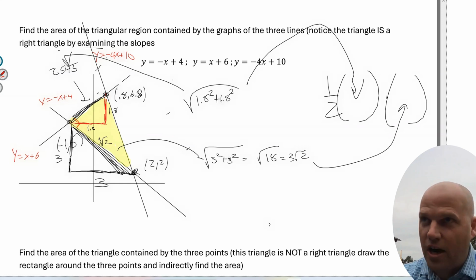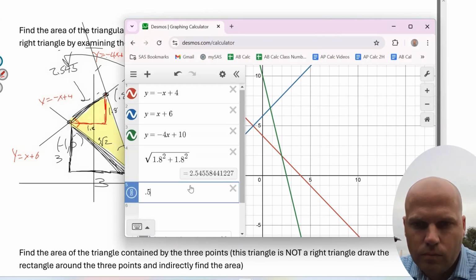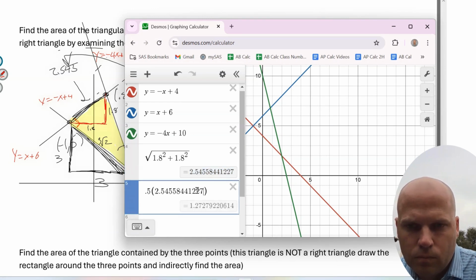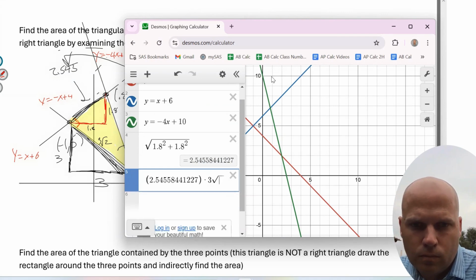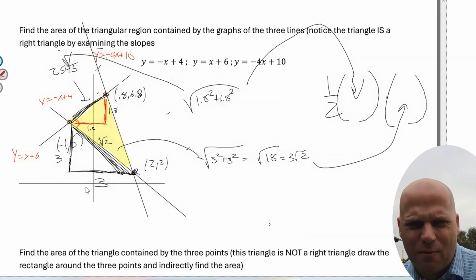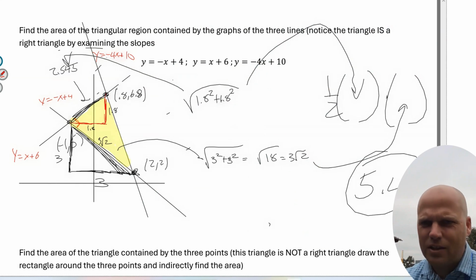Because it's a right triangle, it works out nicely. And the area is 5.4. Look how nice that works out. How does that work out so nicely?